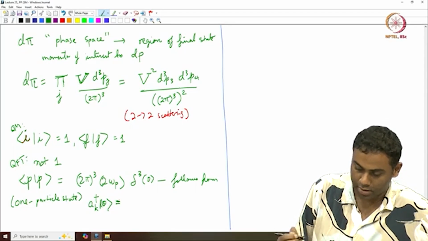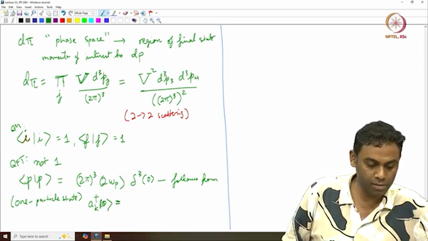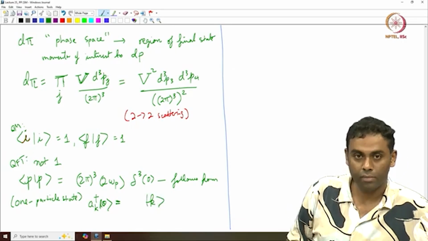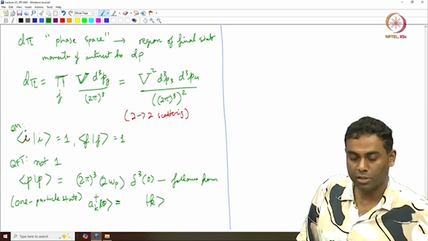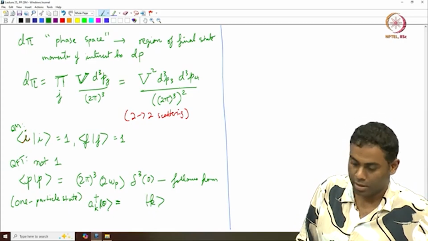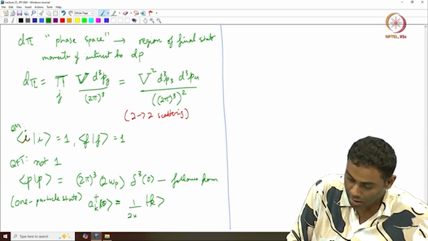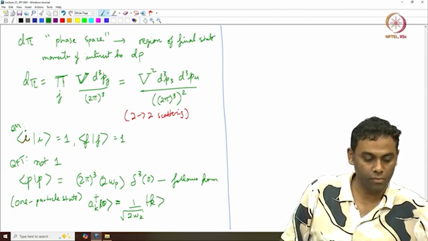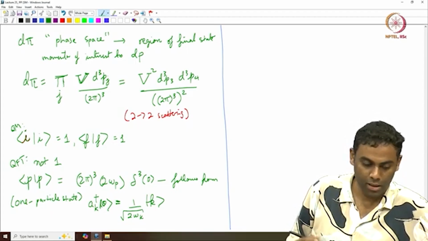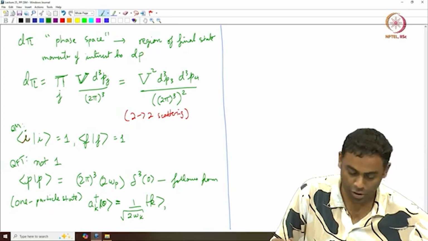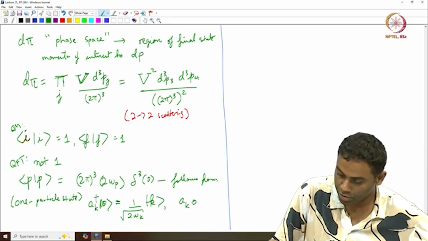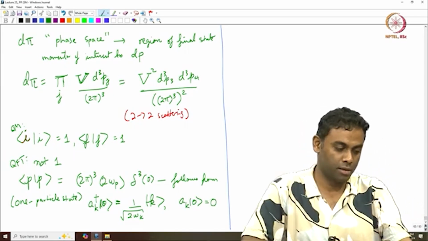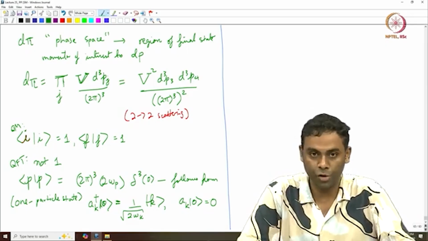See, if I act with this operator, the creation operator, on the vacuum, what do I get? I get a particle state with momentum k. Yes, but this has a certain normalization. So I'm going to make use of that, and then I'm also going to make use of the fact that if I have the annihilation operator acting on the vacuum, I get a null vector.